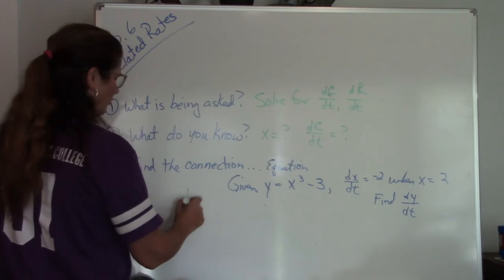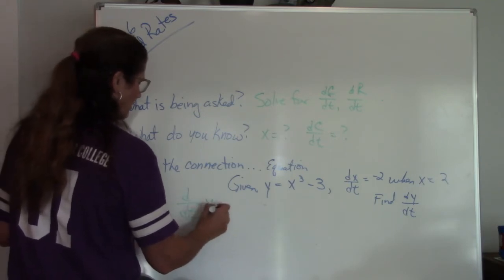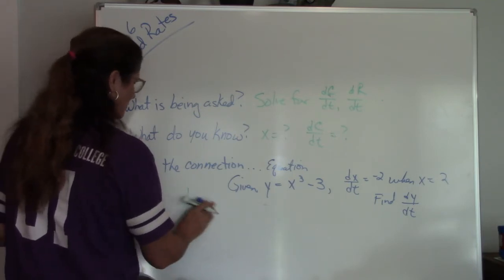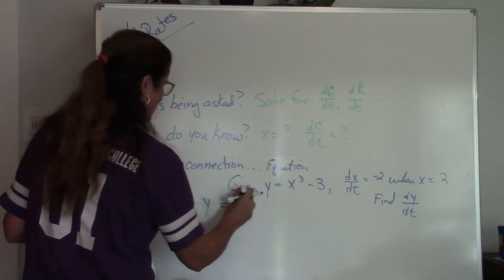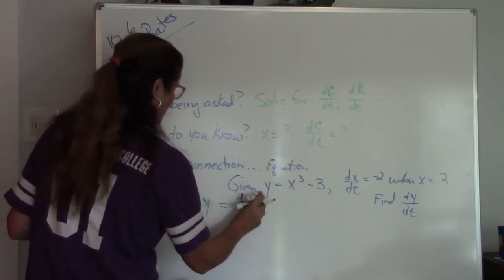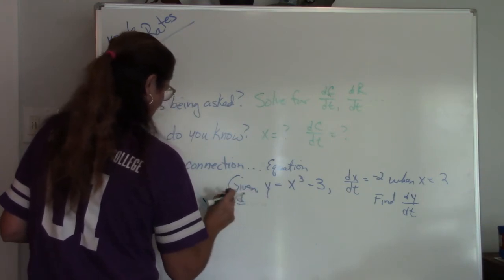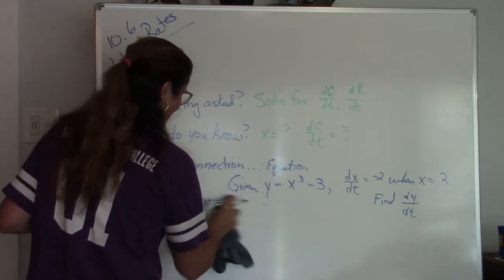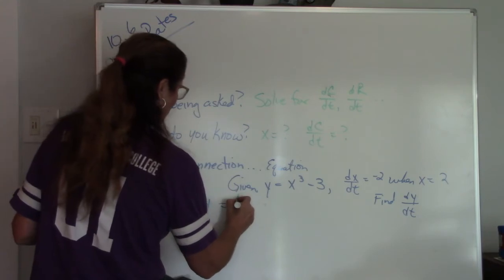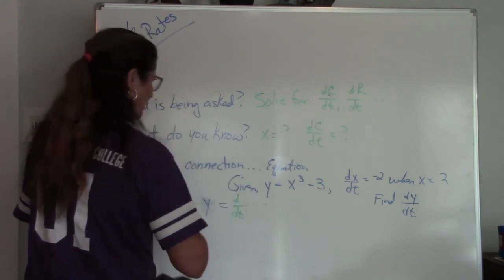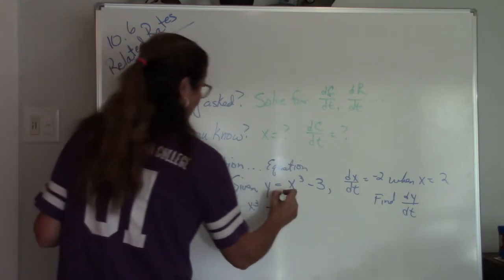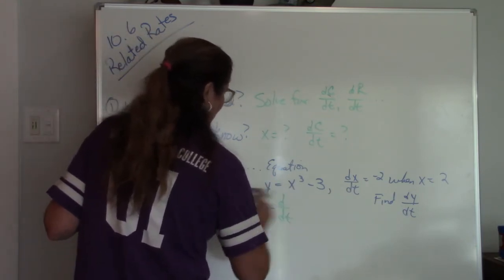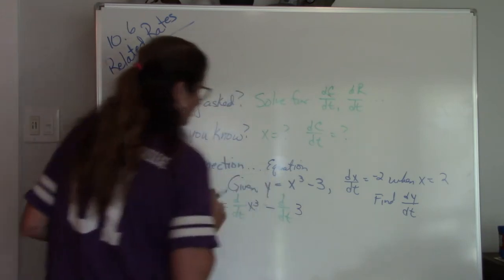So the derivative of y in terms of t equals the derivative in terms of t of x cubed, minus the derivative in terms of time of 3.